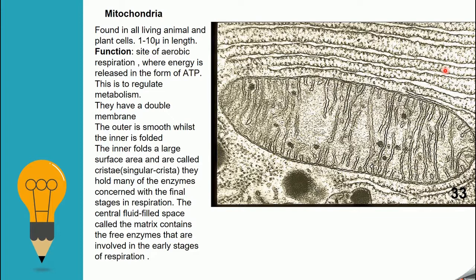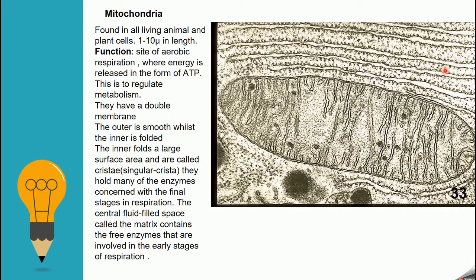Mitochondria are found in all living cells, animal and plant cells, and are between 1 to 10 micrometers in length. And this is a site of aerobic respiration where energy is released in the form of ATP.